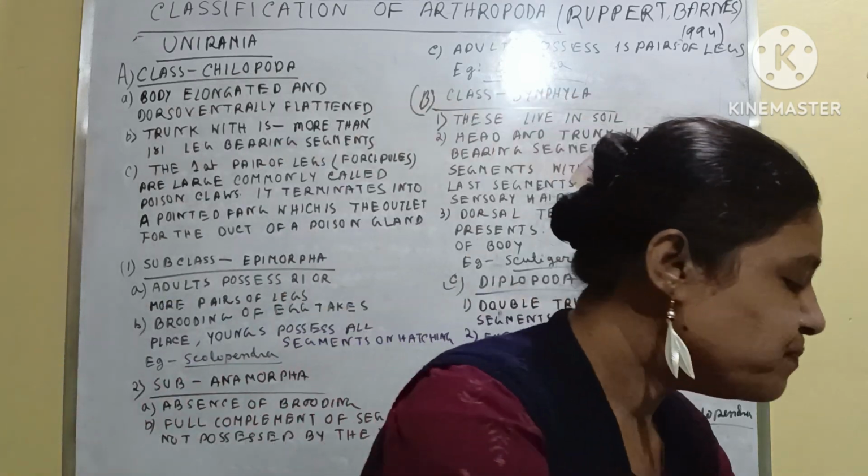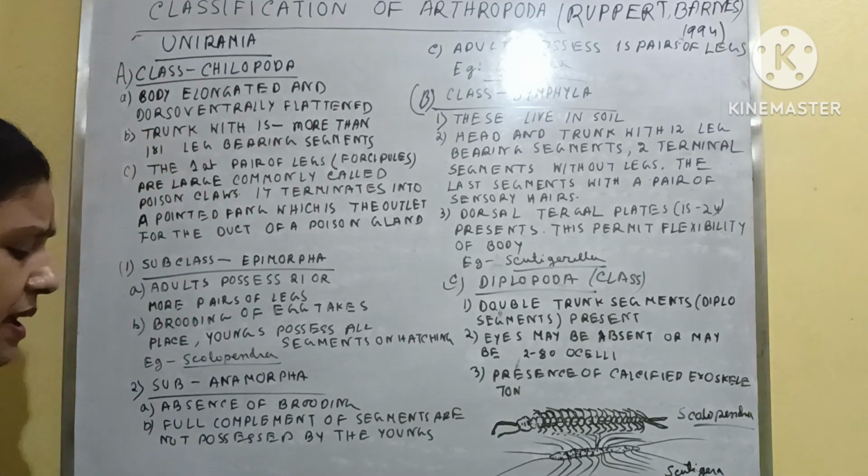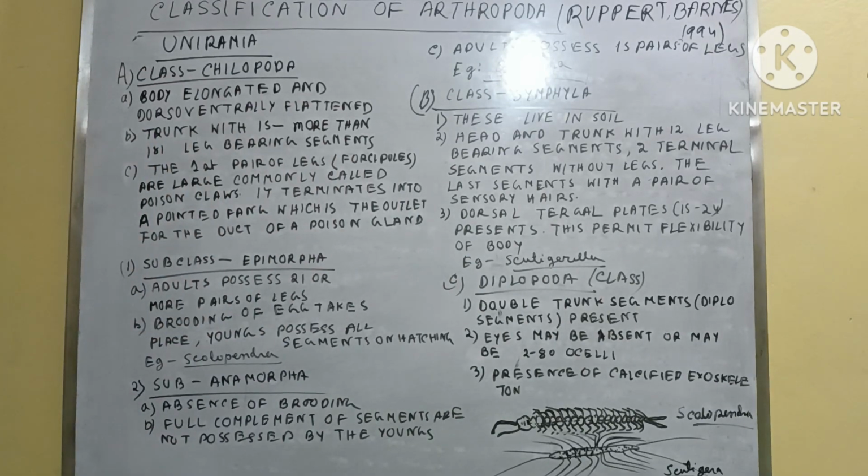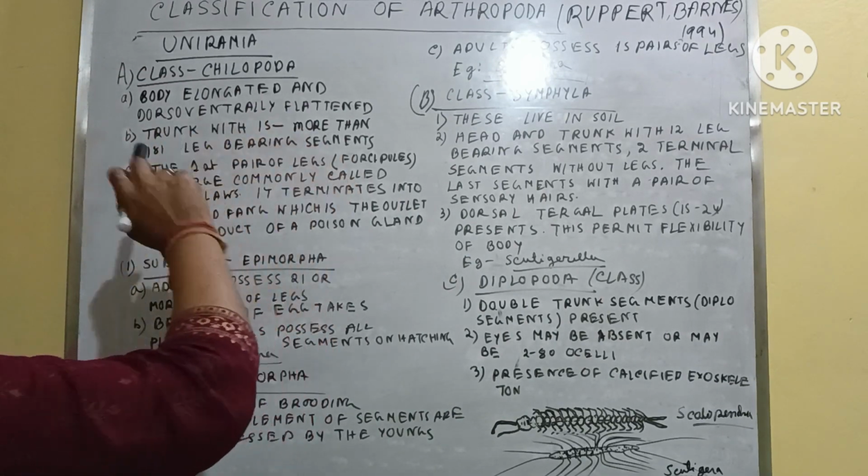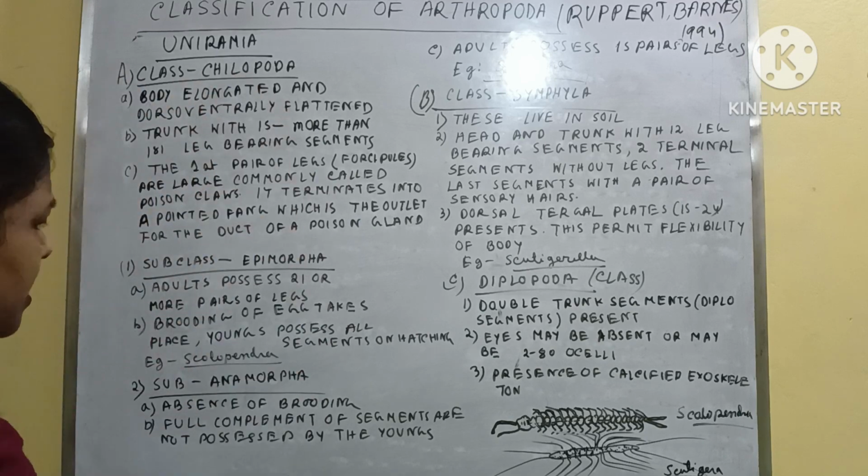So what are the features of Uniramia? The first feature is that the body is elongated and dorsoventrally flattened.